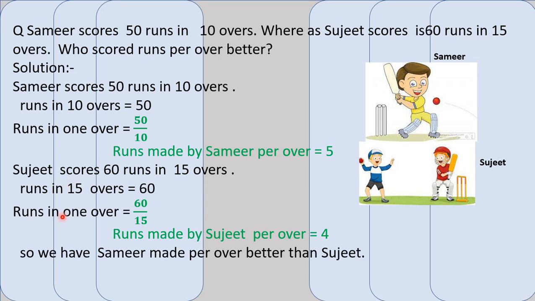So we can say Sameer made better per over than Sujit. That means Sujit scored less compared to Sameer per over, or Sameer is better than Sujit. So by using the unitary method, we compared the two boys for their runs made per over.